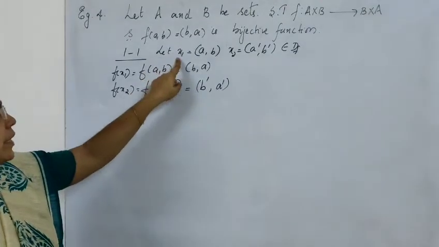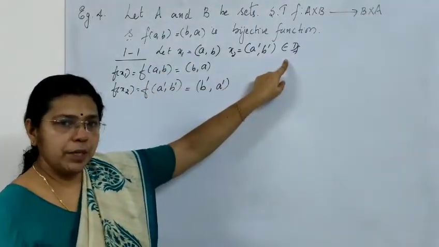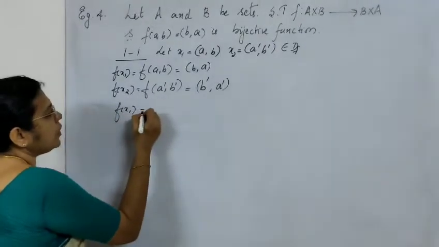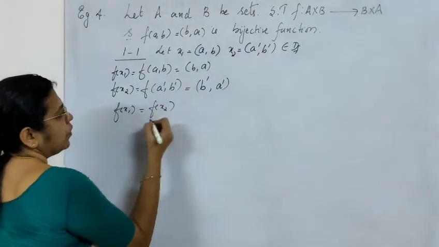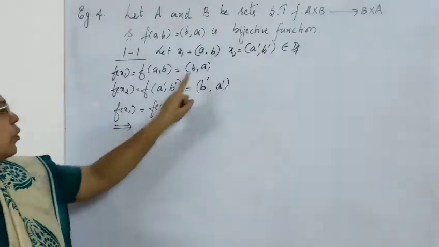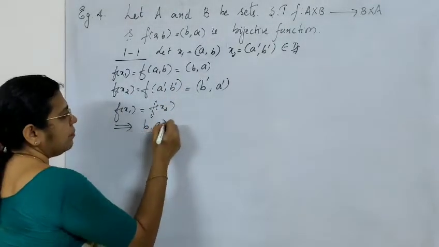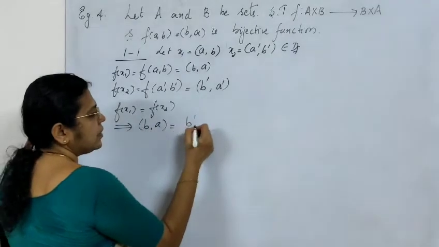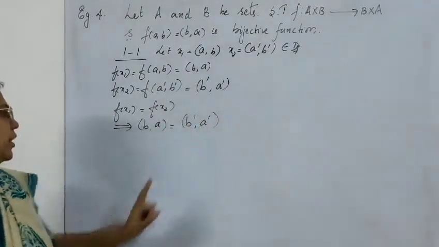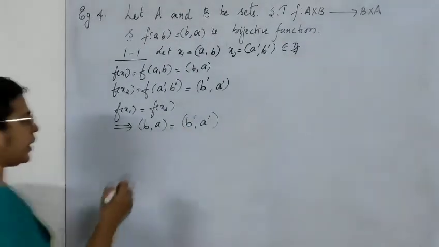Now, come back. Let x1 and x2 belong to the domain of the function such that f of x1 equals f of x2. What does this imply? It implies f of x1, the ordered pair (b, a), is equal to (b', a'). From this ordered pair, what can I say?